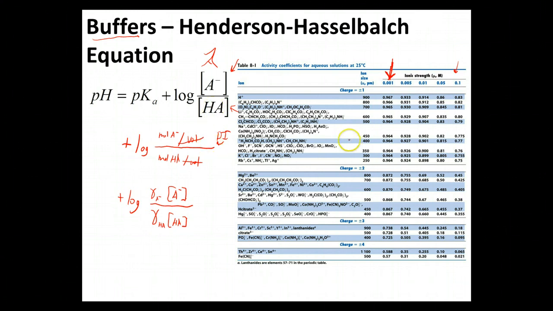Other thing I'll point out is if these numbers are very close together, suppose we're talking about H plus and we're talking about A minus, let's just pick one of them. Let's say we're working with, let's do citrate. And let's use the other citrate ion. Citrate 2 minus.